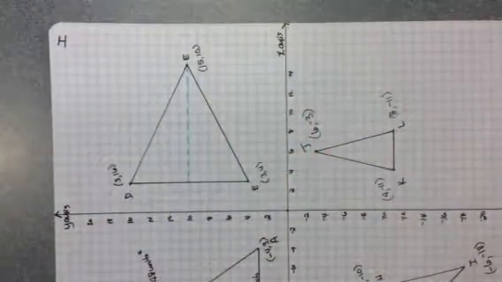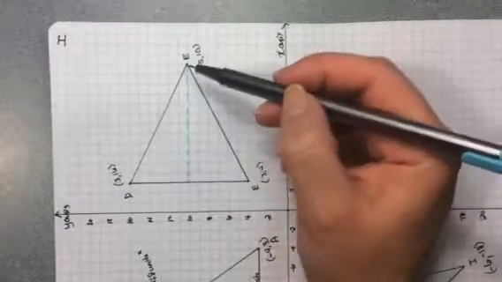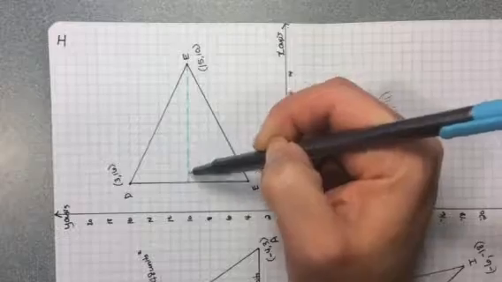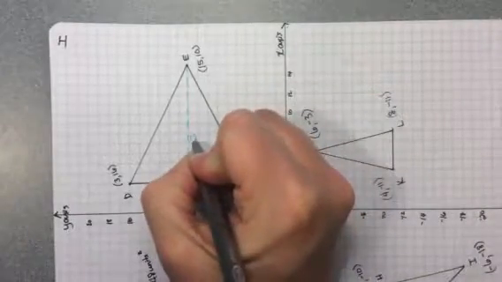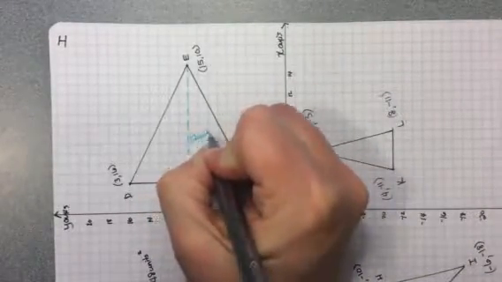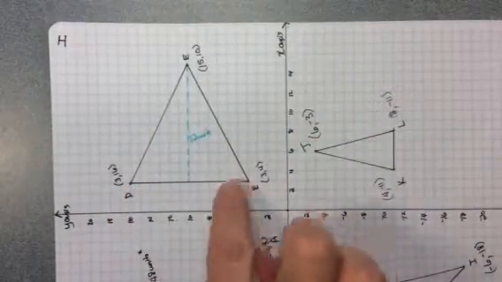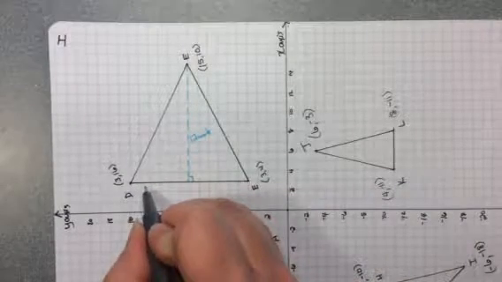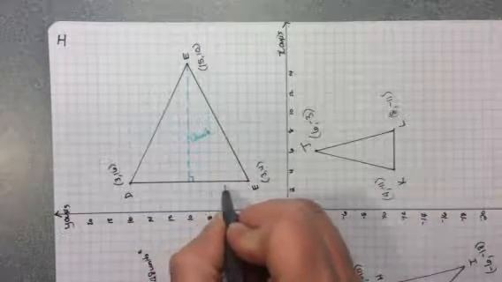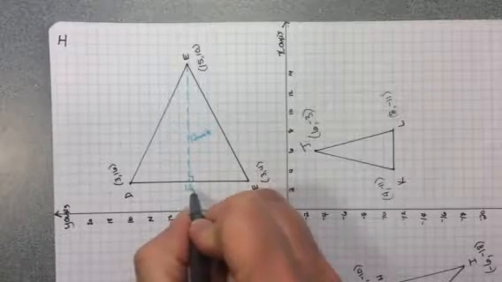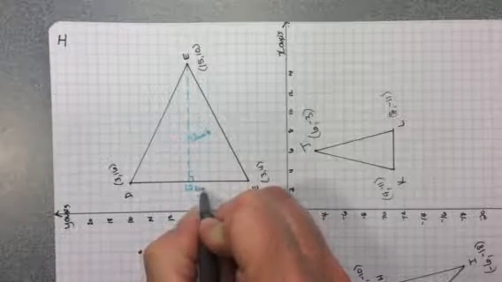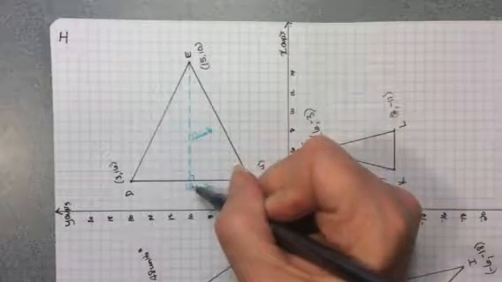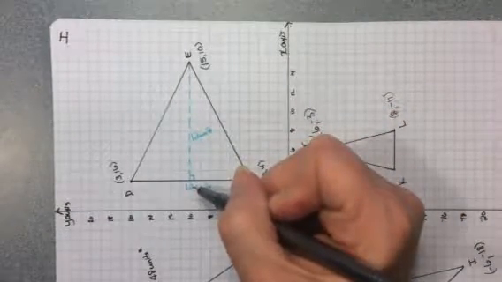Okay? And since it's already on a line, I can easily count them up. Let's see, 1, 2, 3, 4, 5, 6, 7, 8, 9, 10, 11, 12. So the height here is 12 units. And then my base, which is perpendicular to the height, there is a 90-degree angle here. 1, 2, 3, 4, 5, 6, 7, 8, 9, 10, 11, 12. This is 12 also. So I could say 12 times 12 is 144.